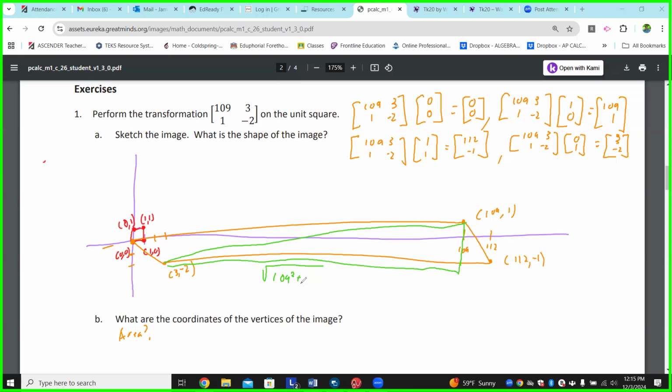That's still going to be 109. But you're right. The height of this to get this diagonal here would be from -2 to 1, which would be 3. So that would be 3 squared. So this again would be 11,881 plus 9, which would then give us 11,890.